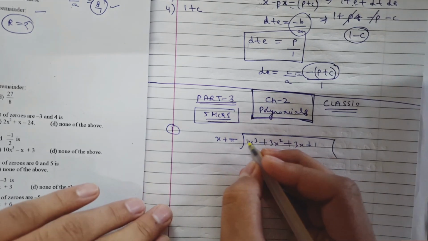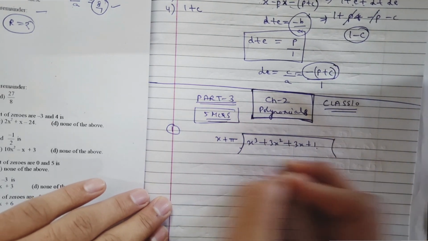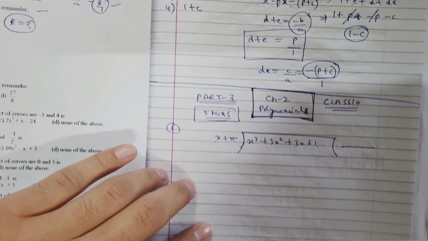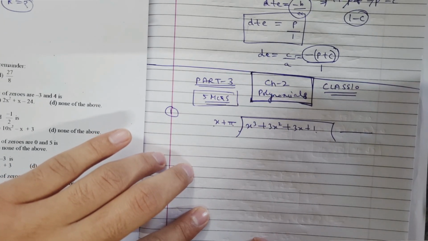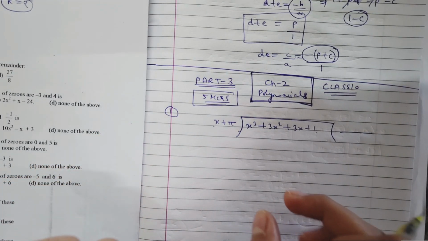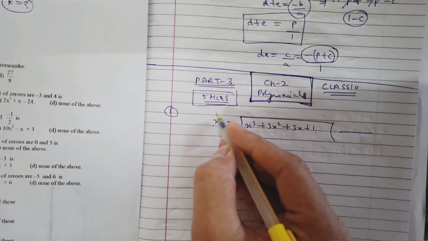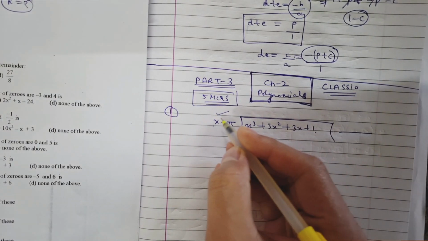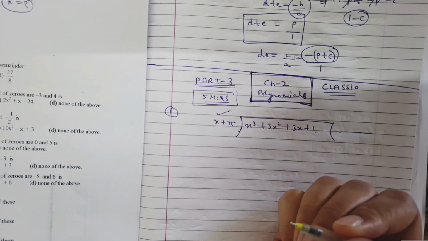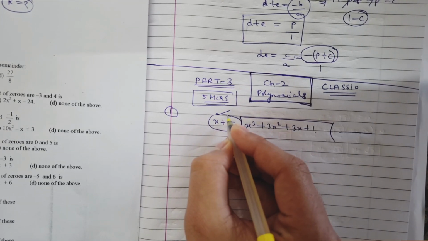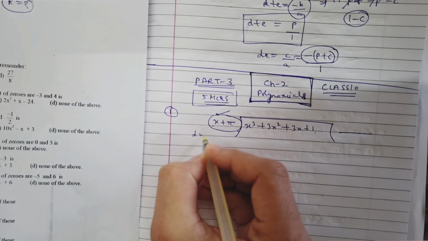As you know, this is your dividend, this is your divisor, here you will get your quotient and at last you will get your remainder. It is obvious that the degree of the remainder is always less than the degree of the divisor. See, x plus pi is your divisor and its degree is 1.